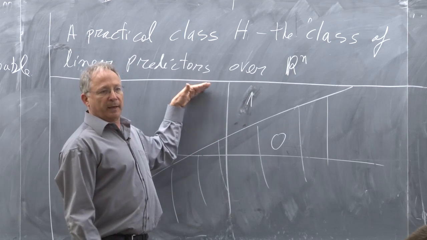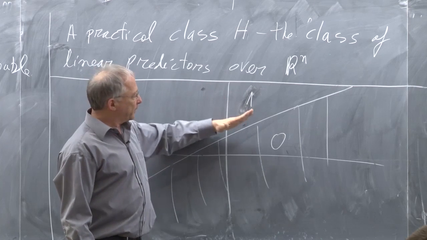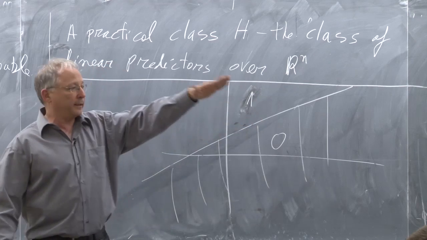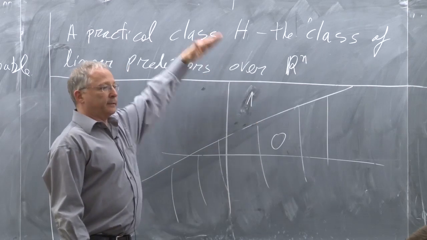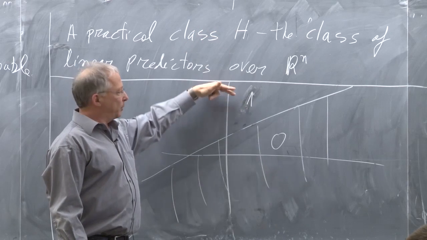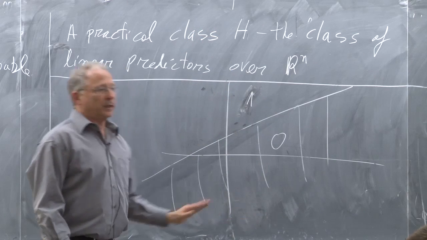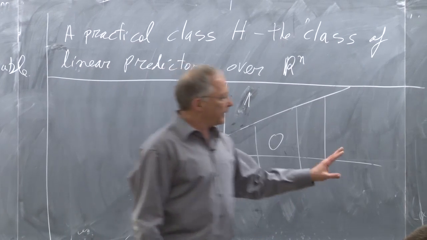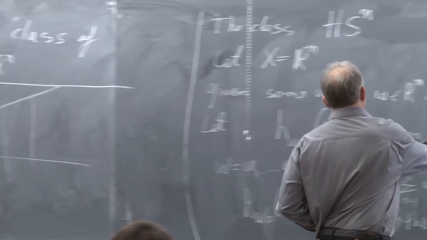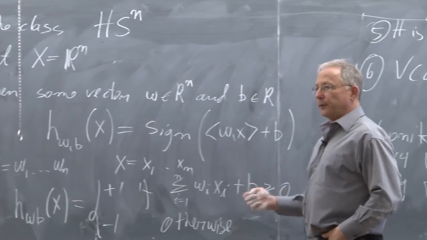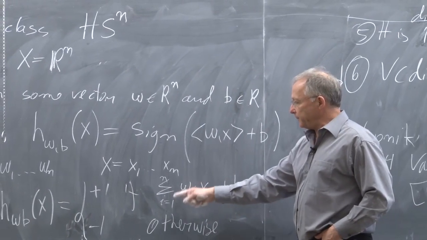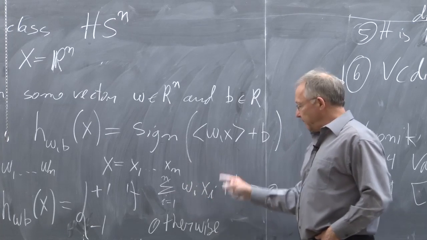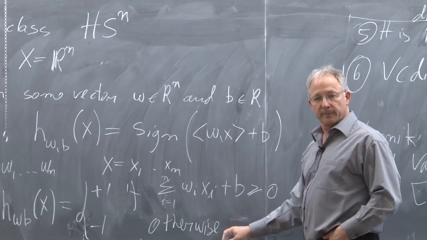If it's positive, I'm above the line. So this is a formal definition of taking a line, or in more dimensions a linear half space, and you predict 1 if the point x is above it, and minus 1 if the point x is below it. Formally, it's the sign of the inner product, the sum over all coordinates of the coefficient wi times xi, and at the end we add this b.